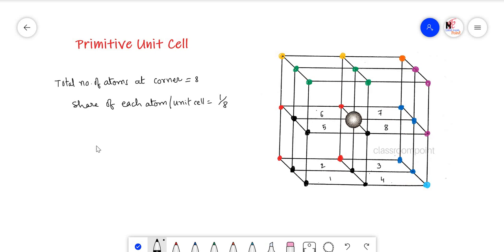So Z effective equals: totally 8 atoms are there at 8 corners, and each atom contributes only 1/8 part towards a particular unit cell. So 8 into 1 by 8 equals 1 atom. So the cubic unit cell or simple cubic unit cell has only 1 atom per unit cell.